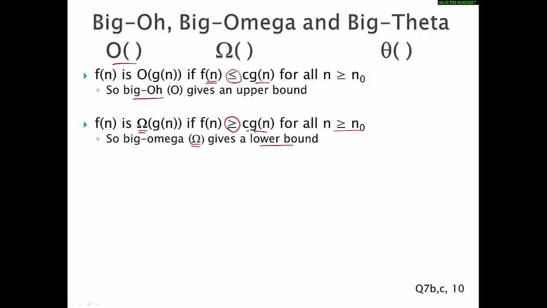When you're answering question 7b, you do not need to write over the whole thing. You notice that they are identical definitions with the exception of the direction of the inequality. So it's going to be the same thing. Again, I could think about this as being like, here's my f of n function. Here's my multiple of c times g of n.